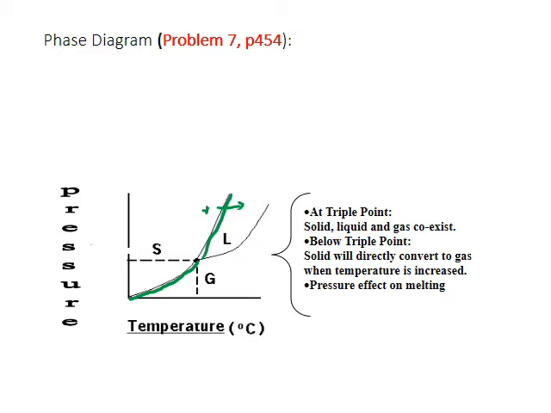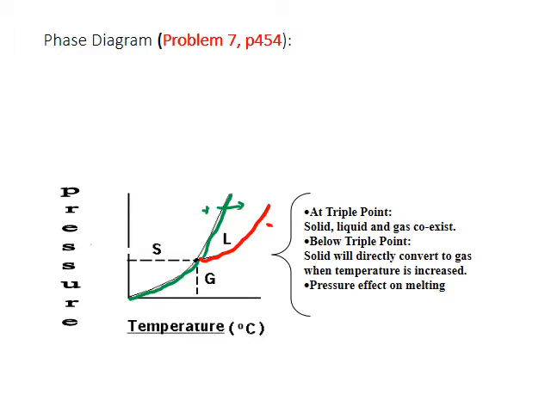Now in this phase diagram, the red curve, on the right side, in this area, you have gas. On the left of that area, you have liquid. So basically you're seeing all these labels.